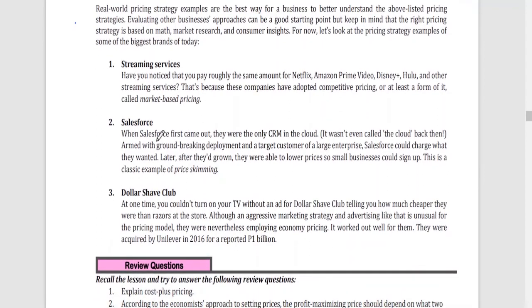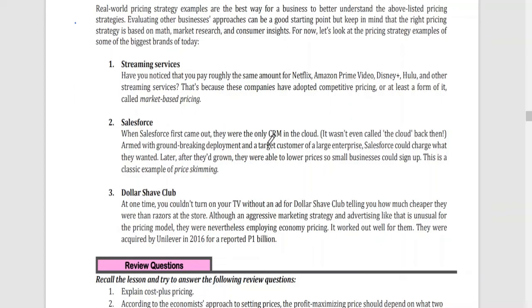Then, we have Salesforce. So, what is this Salesforce? This is an American company, which is a cloud-based software company focused on CRM, customer relationship management.